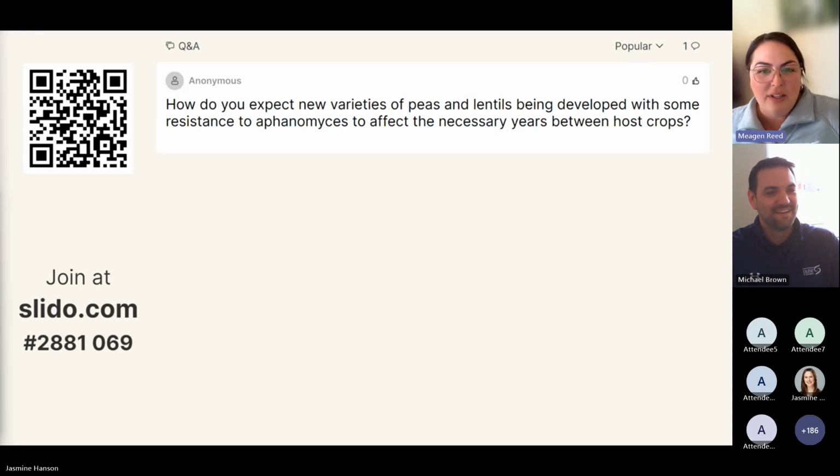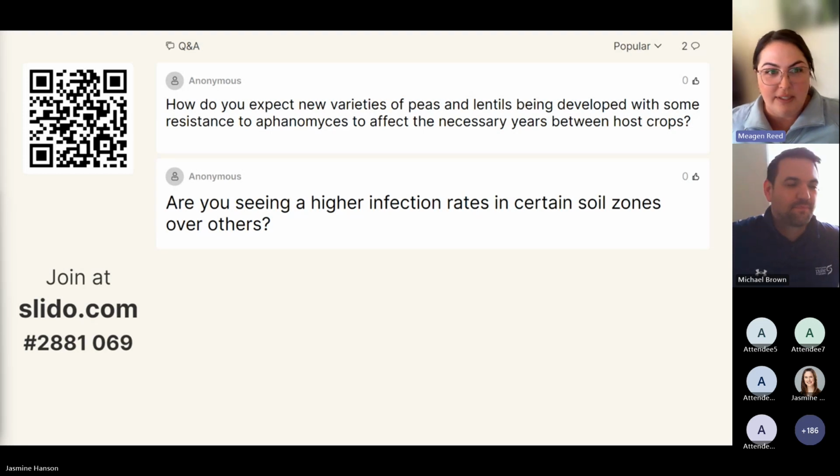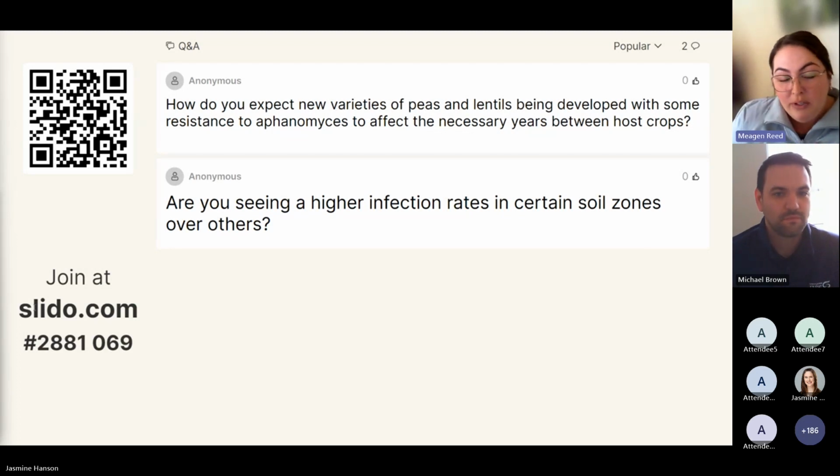Yeah, there's a lot of implications with this. Right now it's looking like we won't have complete and total resistance built into these cultivars when they do get released. So what that looks like once we go to commercialization is largely unknown. Ideally, in a perfect world, I would hope that we would be able to have a more regular rotation on peas and lentils as we've seen previous to Aphanomyces rearing its ugly head.